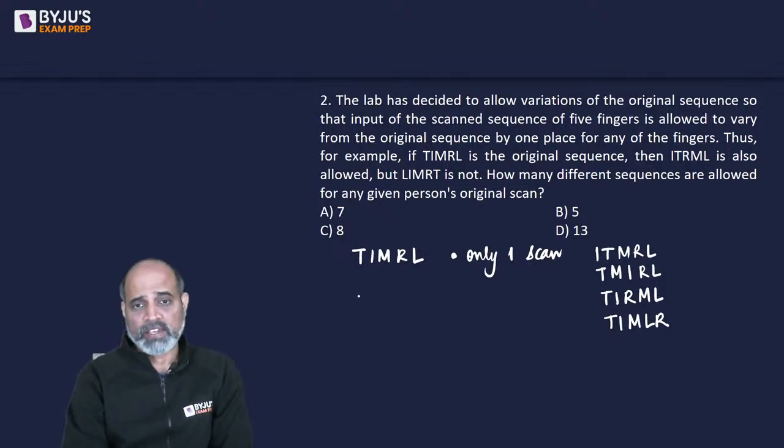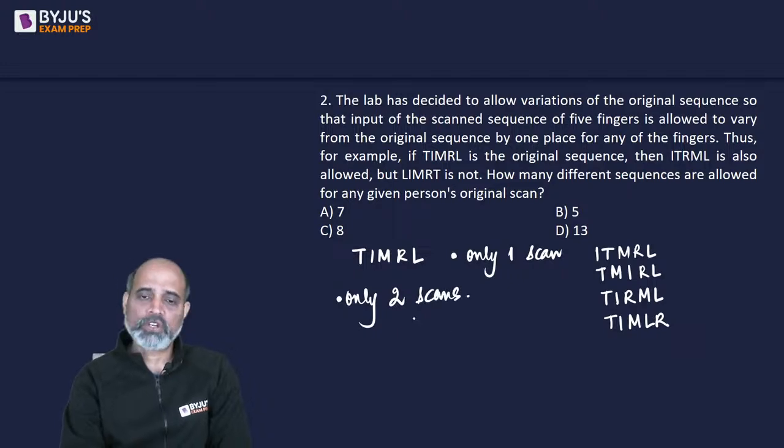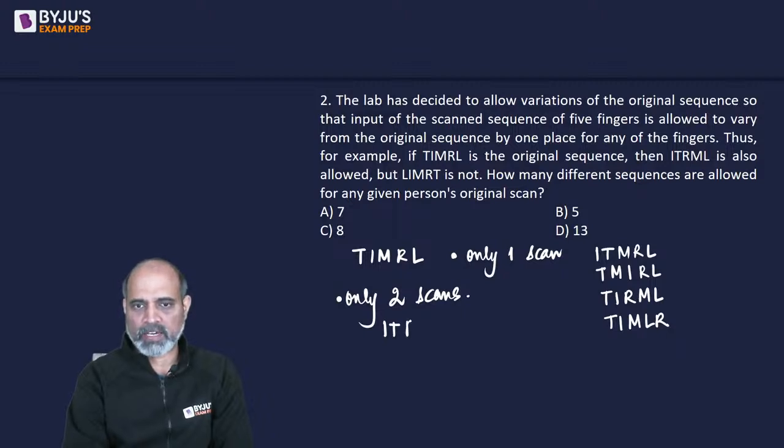Fine. If we want only 2 scans to move, so TI and MR, they both move. So TI moves and MR moves.